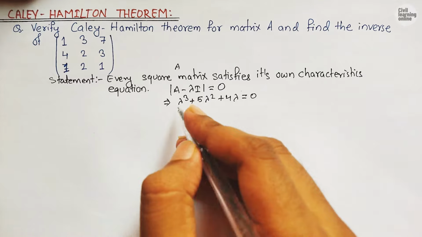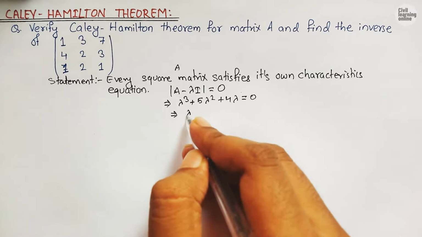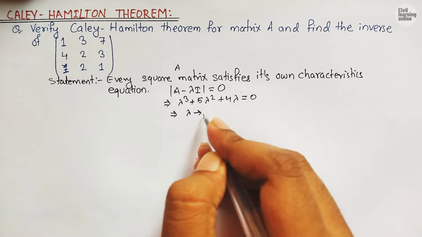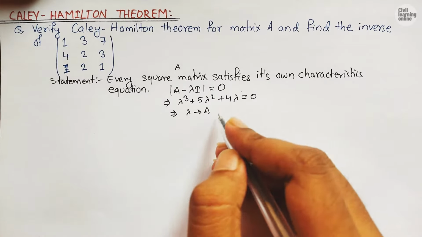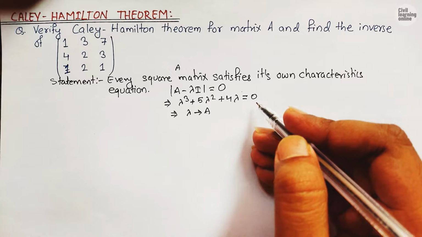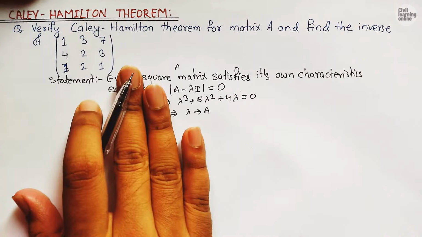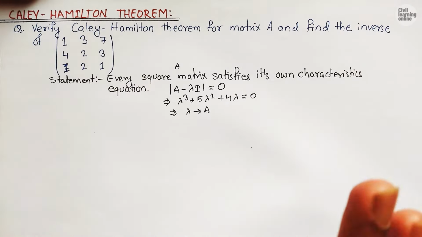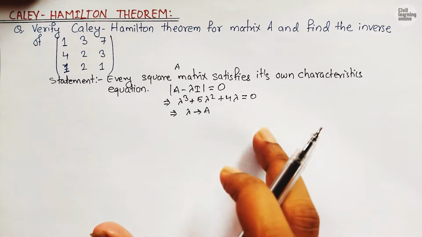And on replacing lambda with A in this polynomial, it satisfies this equation. We will get 0 at the end, and it verifies this theorem. So this was about the statement of the Cayley-Hamilton theorem.